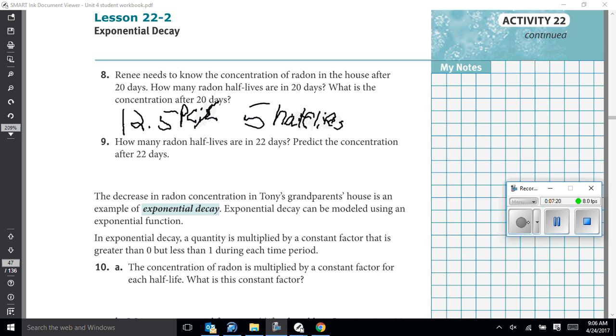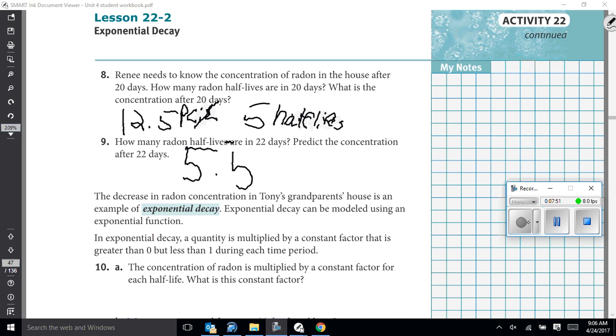Half-lives. Okay. All right, and so how many radon half-lives are in 22 days? If 20 days is 5 half-lives, and 1 half-life is 4 days, it's 5.5.